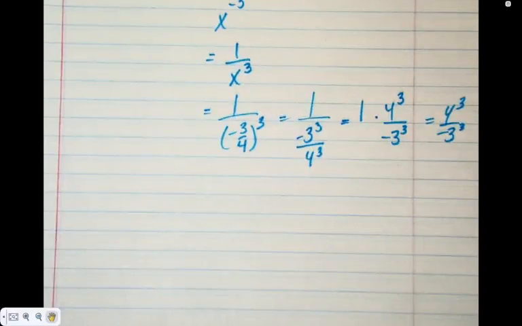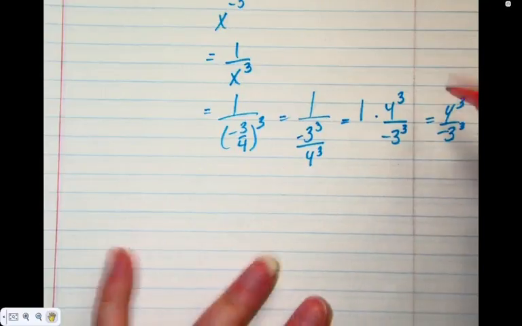If the question said evaluate, which it does not, we would actually get numbers for this. We know 4 to the 3 is what number? We memorize this in day 2 of this unit, 64, and negative 3 to the 3 is? Negative 27. That's if the question said evaluate. Does it say evaluate?